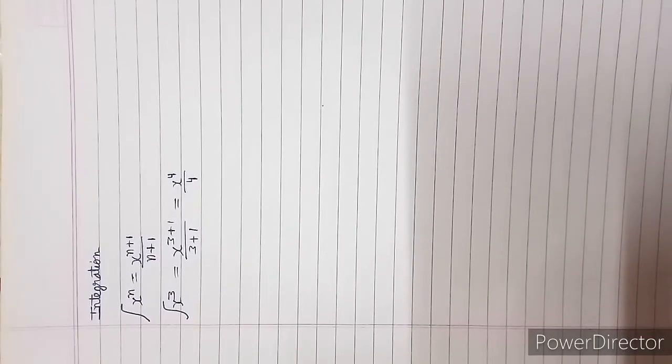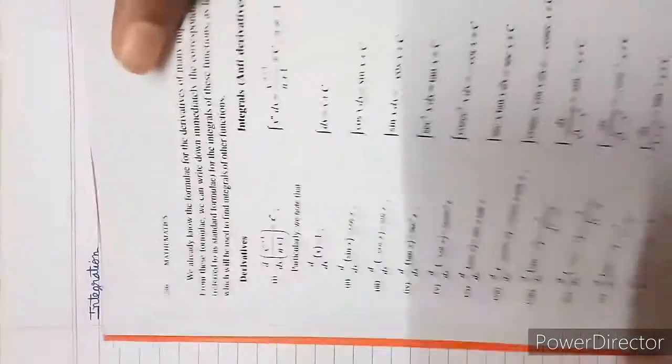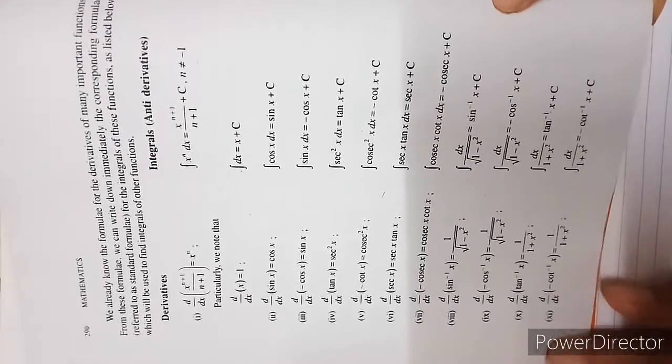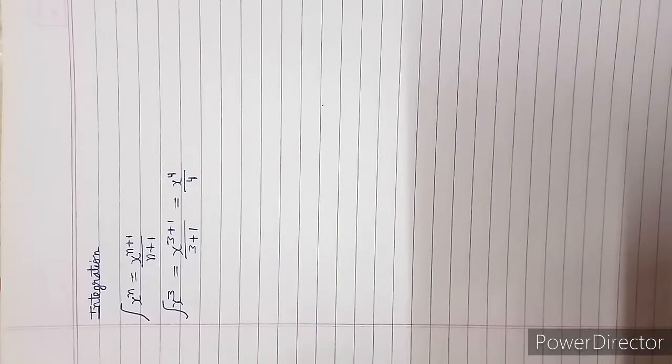So some more formulas are there which will be helpful to us in our exercise 7.1, and you will get them in your NCERT. These are, and some more are there. So you have to learn these formulas by heart. There is no short trick for them.